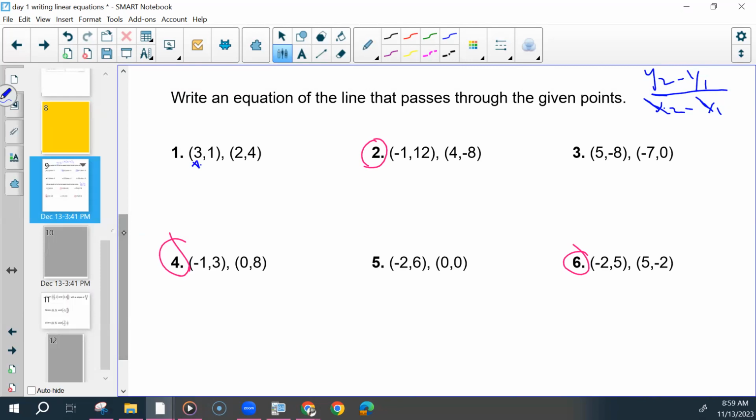I'm going to go ahead and label them. So this will be 4 minus 1 over 2 minus, subtract. What would that slope be? Which would simplify to be what? Right, so our slope is -3.